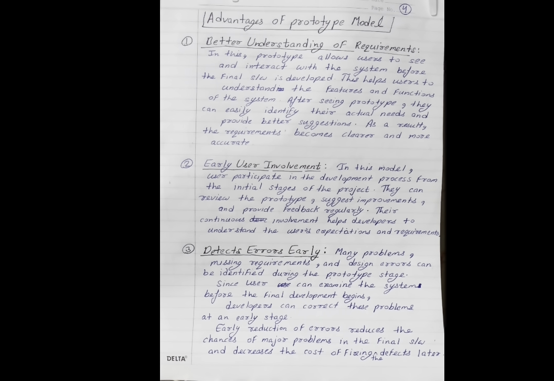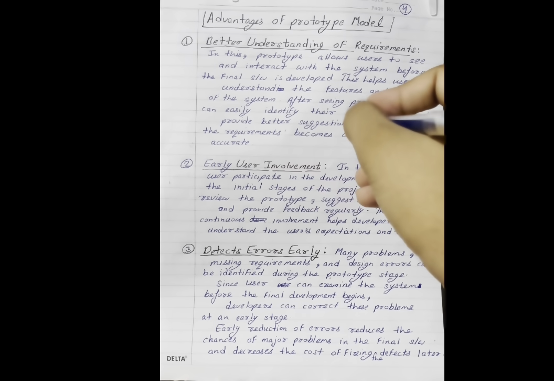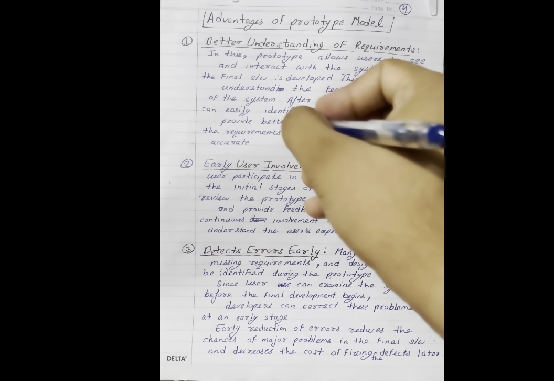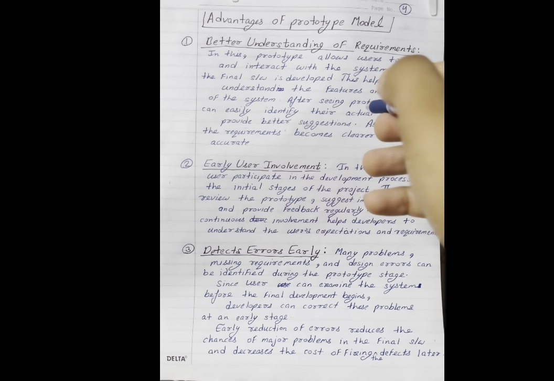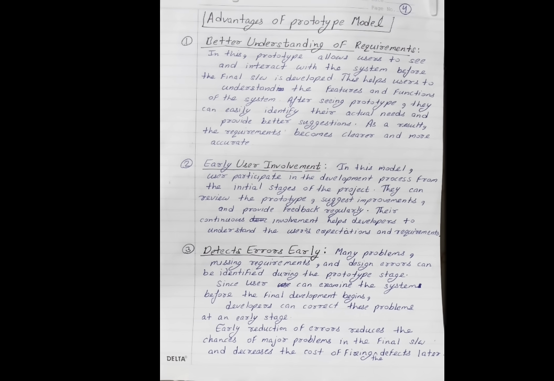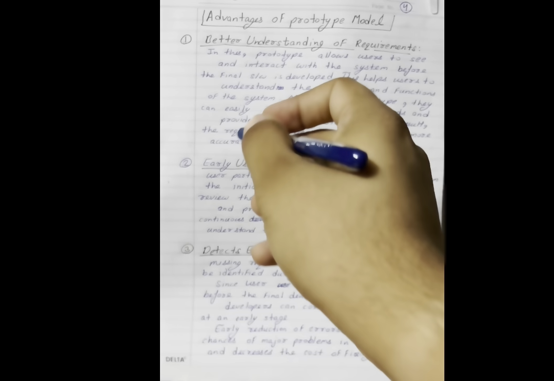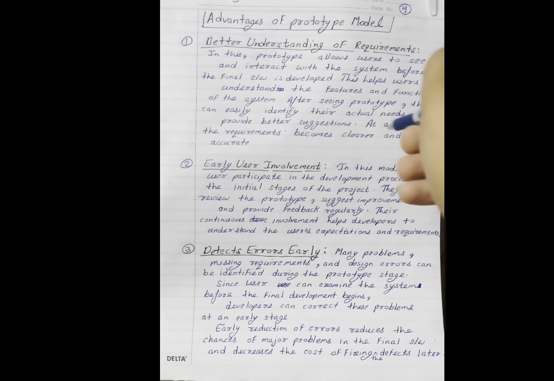After seeing the prototype, they can easily identify their actual needs and provide better suggestions. As I said, it is the same as what we discussed in the prototype definitions and some other points. So as a result, the requirements become clearer and more accurate.